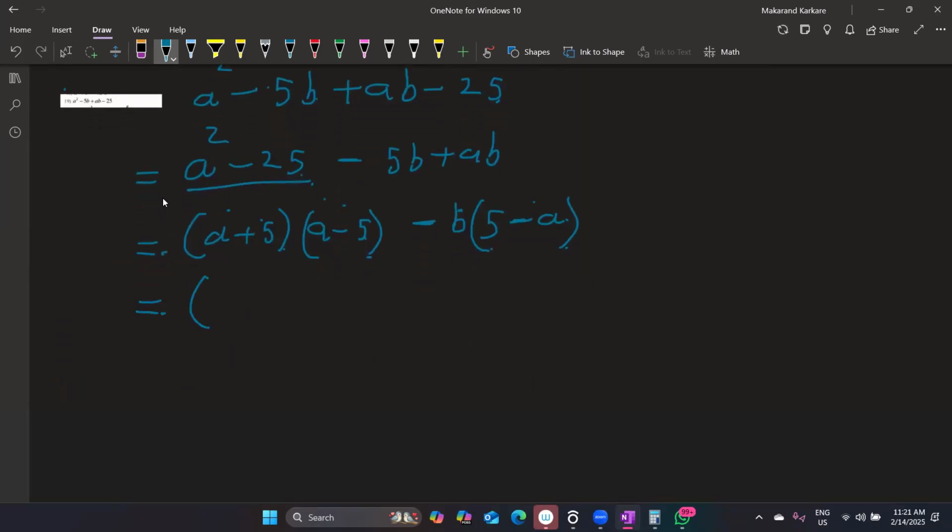So I will rewrite this as a plus 5 into a minus 5 plus b into a minus 5. Does that make sense? Yes, sir. I just took this minus sign out.